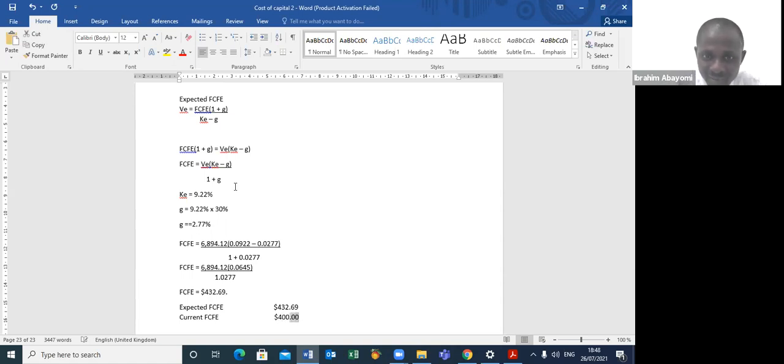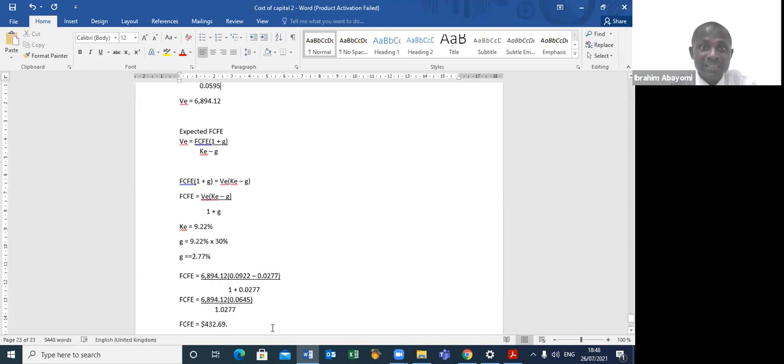So what is the increase? The increase is 32.69. That's the free cash flow that this debt must generate for us. If we take this new debt, our free cash flow should increase by 32.69. That is not where we are going, because look at the requirement.